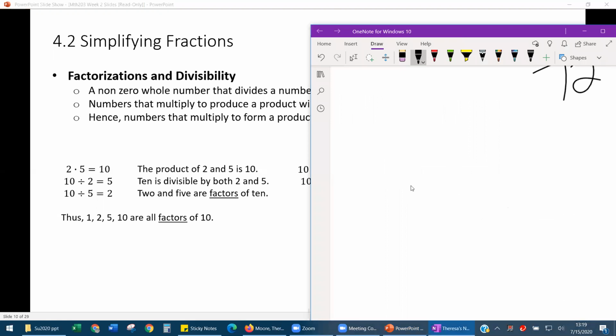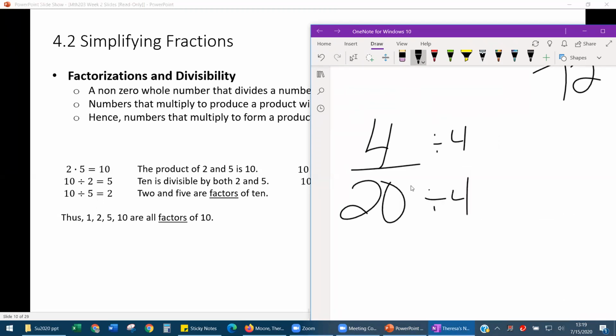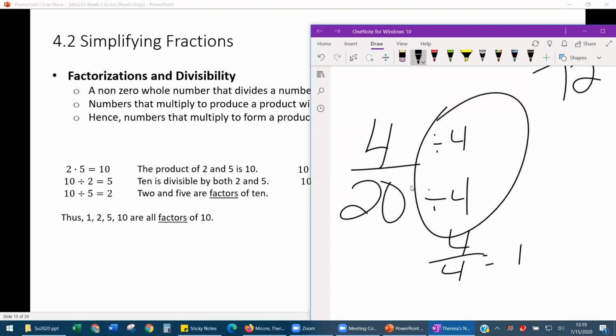So if we have, say, the fraction 4/20, I'm able to remove a 4 from the top and a 4 from the bottom. What is the fraction 4/4? That's equal to 1. So in essence, I'm only removing 1 from the fraction.